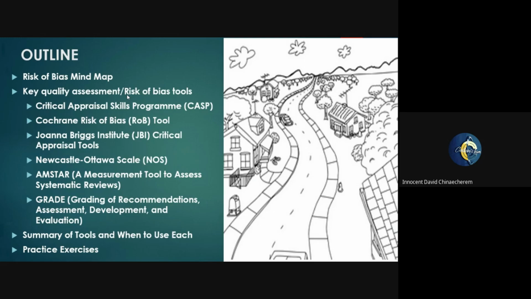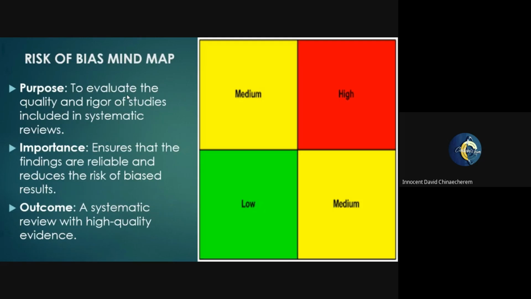The AMSTAR checklist is also going to be examined, and the GRADE checklist. Then we also have a summary of the tools and when to use them. So we need to understand when we can use some of these tools in performing our risk of bias assessment. All these are the things we're going to be looking at. We'll have our practical exercises.